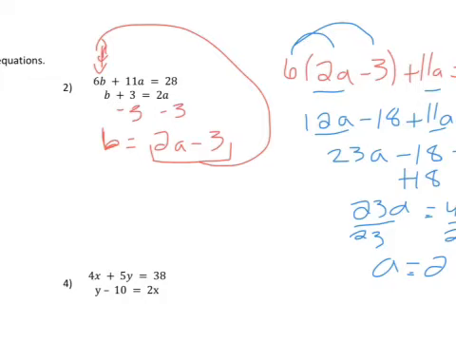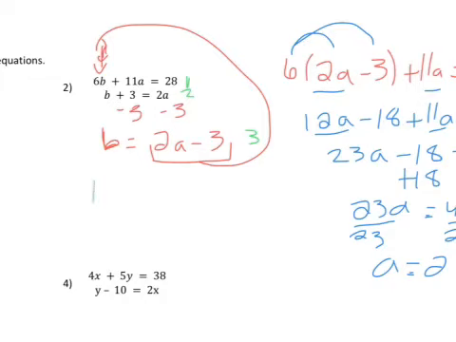So now that I know that a is 2, I'm going to go back to, again, I can go back to either one of these equations. I can go back to the first one, I can go back to the second one, or I can even substitute into the one that we created down here by solving for b. And that's exactly what I'm going to do, because that one's set up for me really nicely.